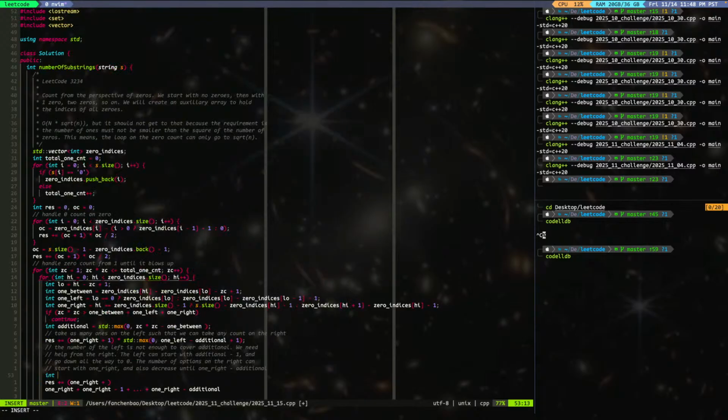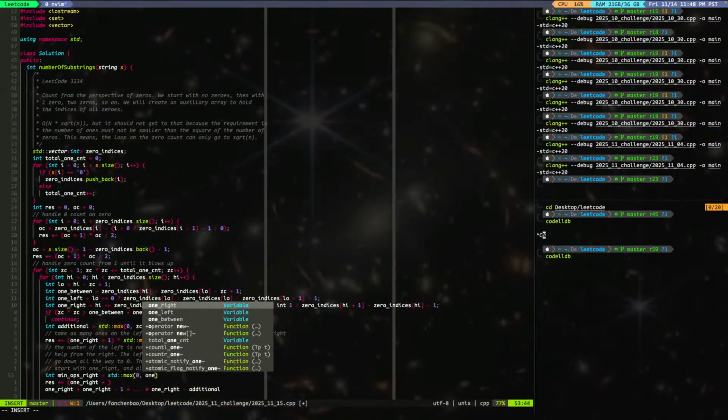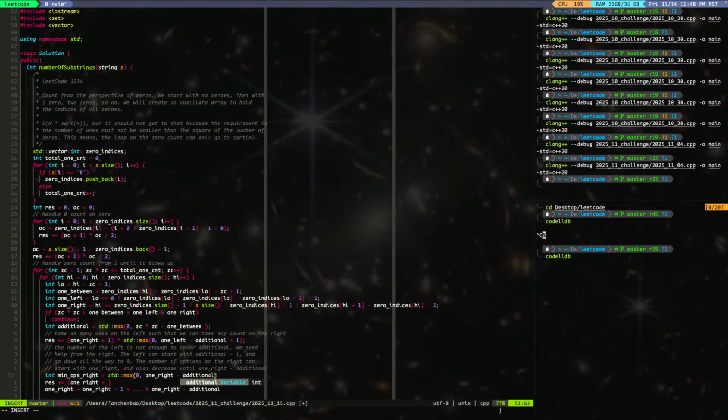It's the minimum options. So minimum options on the right shall be the maximum of 0 and 1 right minus additional, right?